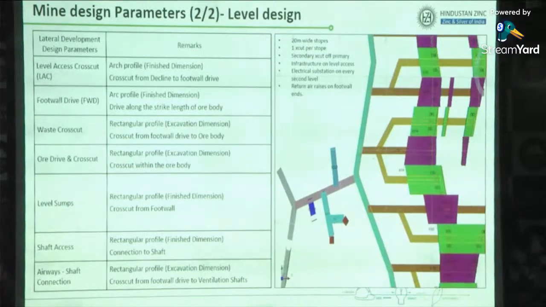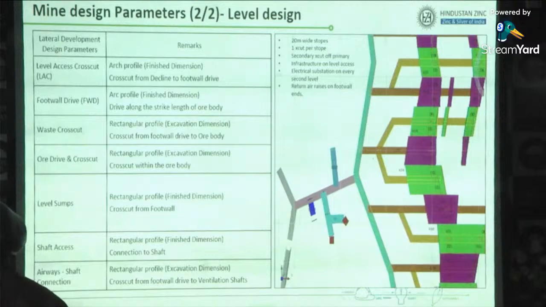We have shown you the vent simulation. It is not possible to calculate by an individual person. Every level we have a restriction. We can deploy only 3 loaders or 2 LHDs.